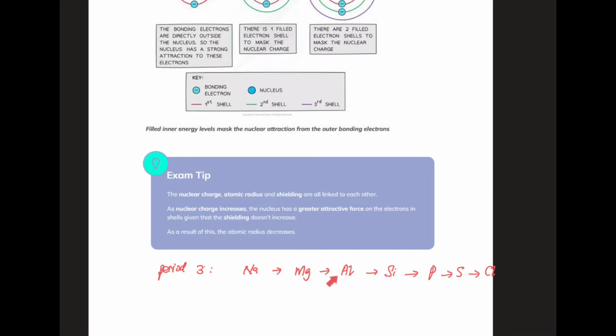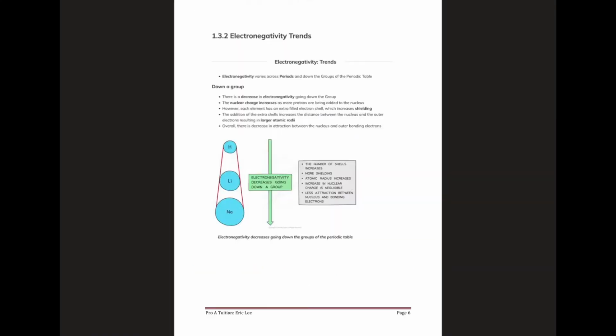If they all have three shells, basically their shielding effect is more or less the same, but the nuclear charge is getting more and more, and because of that the attractive force is getting greater and greater, and the electronegativity should be greater and greater. As a result of this, the atomic radius decreases. So you can see the atomic radius should be smaller and smaller for this case. Okay, now let's move on.